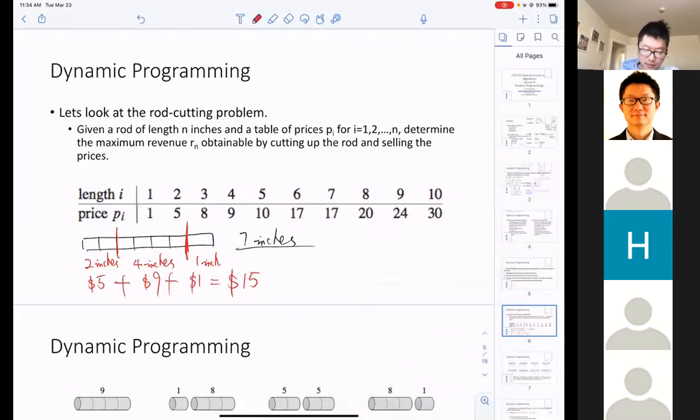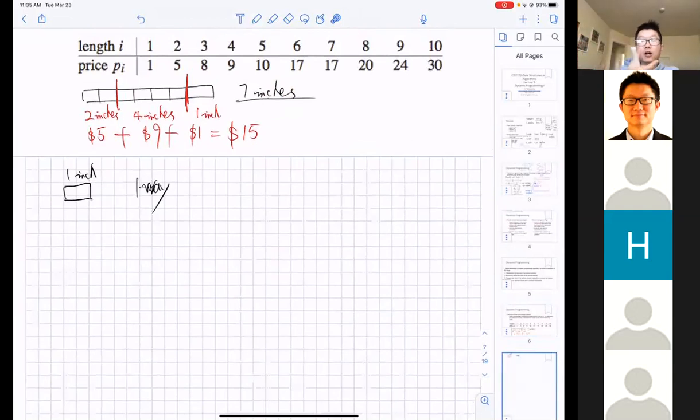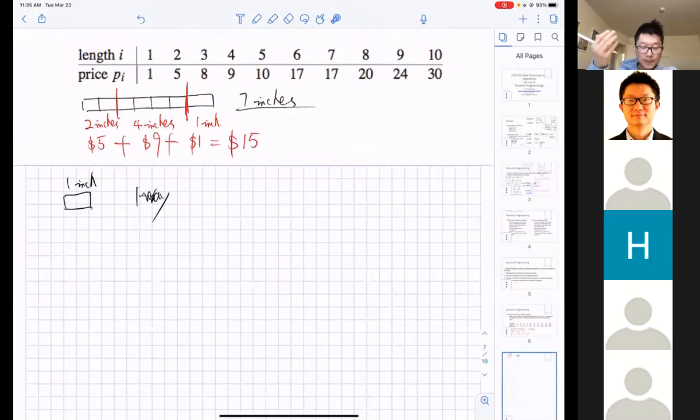Let's say we have a rod of length 1. How many ways do you have to cut it? Just one way, right? If you have a length of 1 inch, you can only sell it as a whole piece, from which you can make $1, correct?